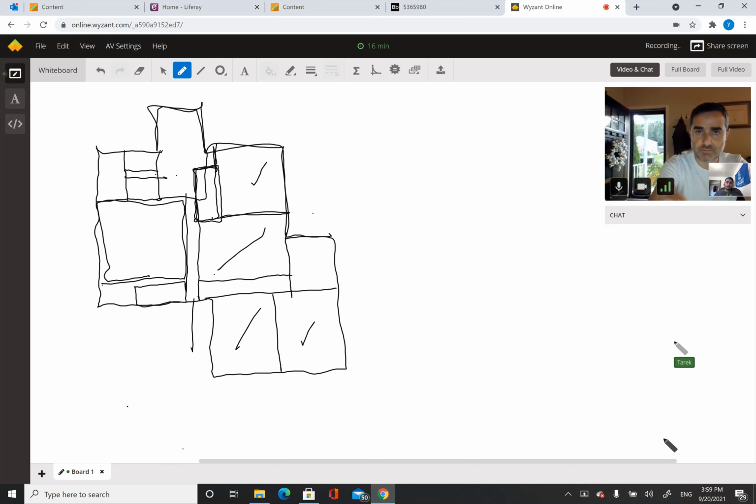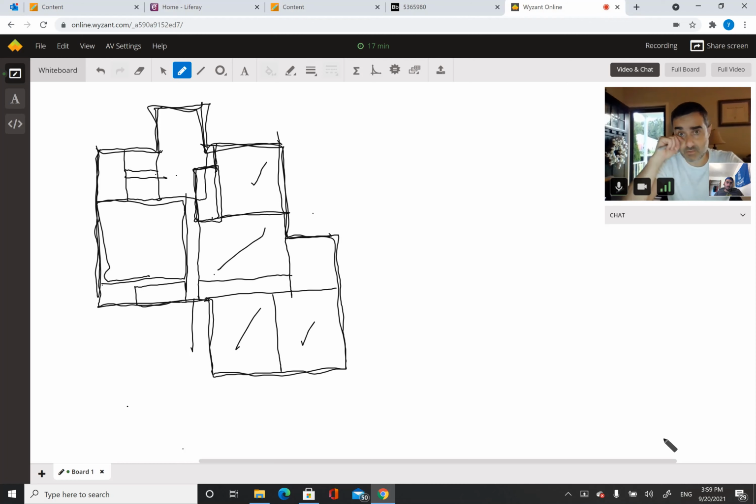The first thing you've got to do is start to lay out a potential column grid for the building. Now, dependent on the structure that you select, there are rules of thumb that you would follow for the structural grid.